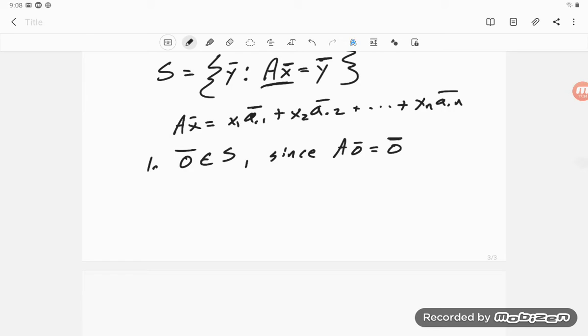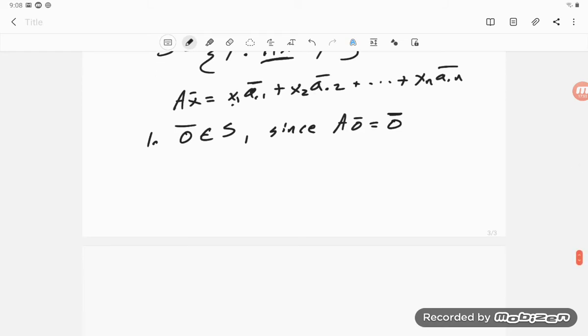Okay, now this linear combination, see if I take 0 times the first column plus 0 times the second. So a linear combination can be all 0 multipliers, and so that's what I did, was I let all the x's be 0, and I get 0. So 0's in there. Okay, 2.